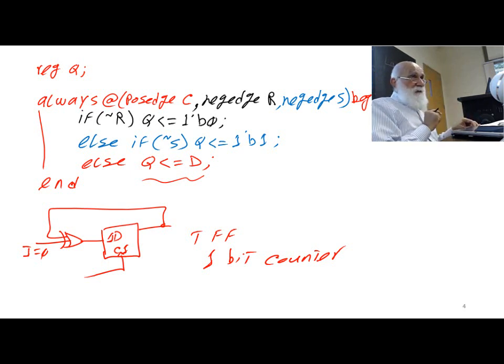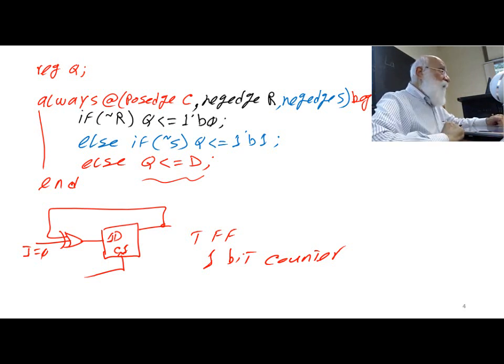What this does not tell you is that if set and reset become active simultaneously, the flip-flop loses its value. Okay? In this case, if they become active simultaneously, it resets it. Okay? I could make that consistent too.